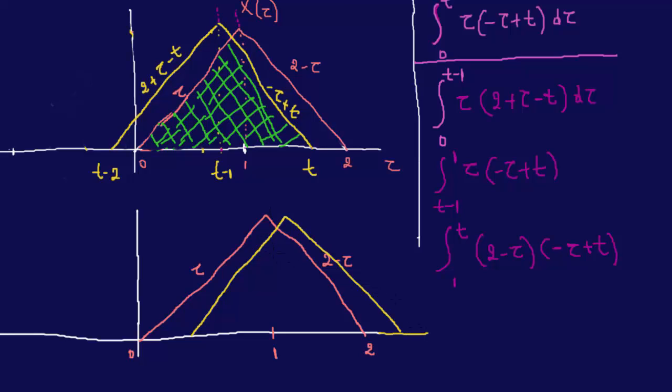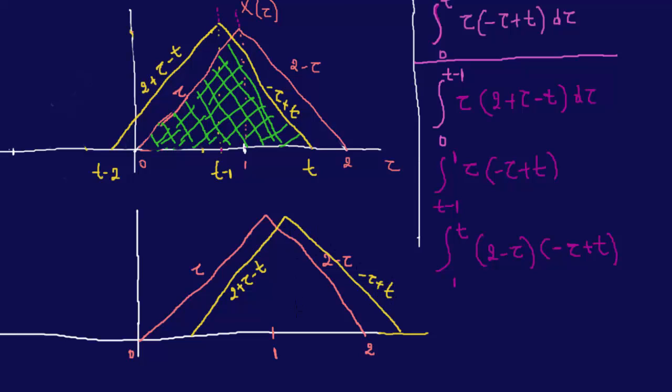So now this is our 2 plus nothing changes, minus t plus tau, still the yellow one, plus t.